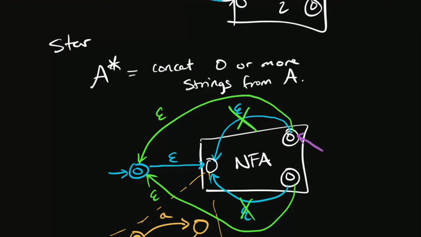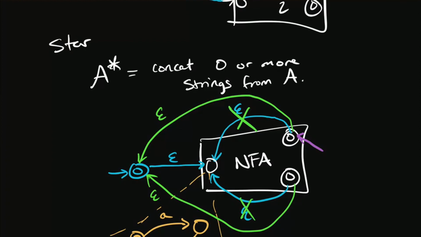But hold on for a second. The epsilon transition goes to a final state, the new start state. Is that a problem? Because if I have a non-final state going to a now final state, whereas before it went to a non-final one, that could change the language. But is that a problem here, where a final state goes to a final state?